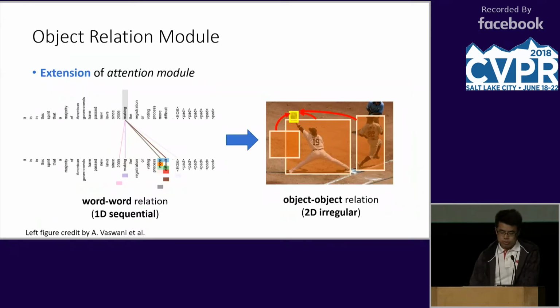So what is the object relation module? Basically, it's an extension of the attention module, which has been widely used in the field of natural language processing to model sequential data, for example, the relation between word and word. In this work, we extend this module to model relation between objects, between 2D irregular objects.